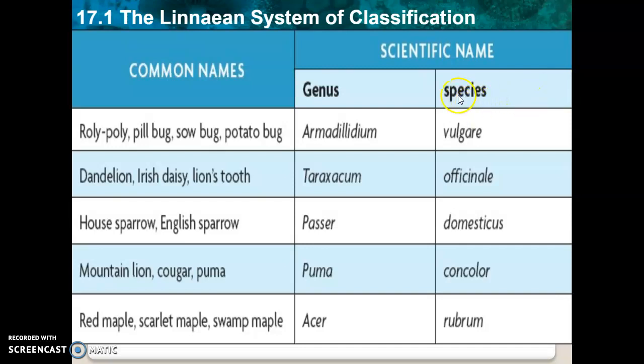So again, I'm going to look at this species, and I think domesticus is a word that I already have an understanding of, and it's describing our birds. So when you think about domesticus, you might remember what a cat is, Felis domesticus, dog, Canis familiaris. So thinking about those, what does that make you think then about a house sparrow or an English sparrow?